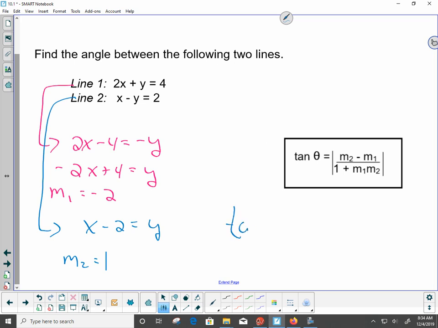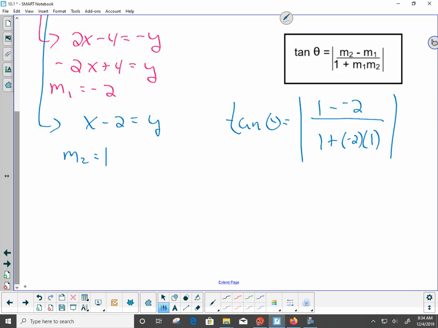Putting into this big formula, slope 1 is 1, slope 2 is -2. 1 minus -2 over 1 plus -2 times 1. It's 3, right? Yeah. -1? Yes.